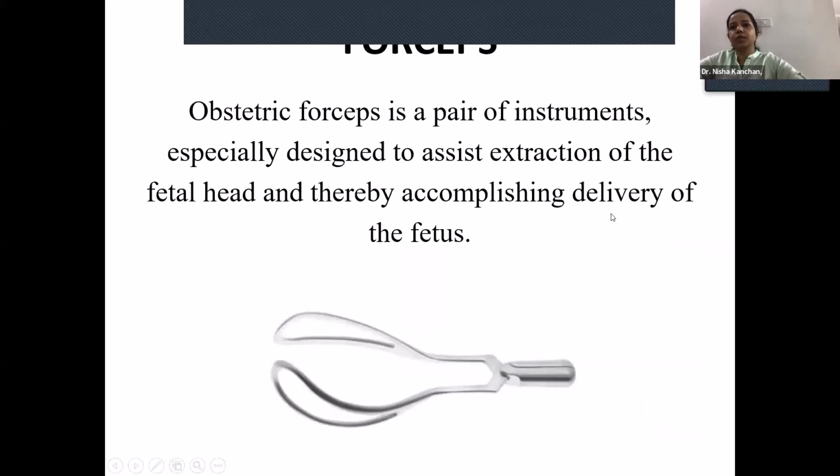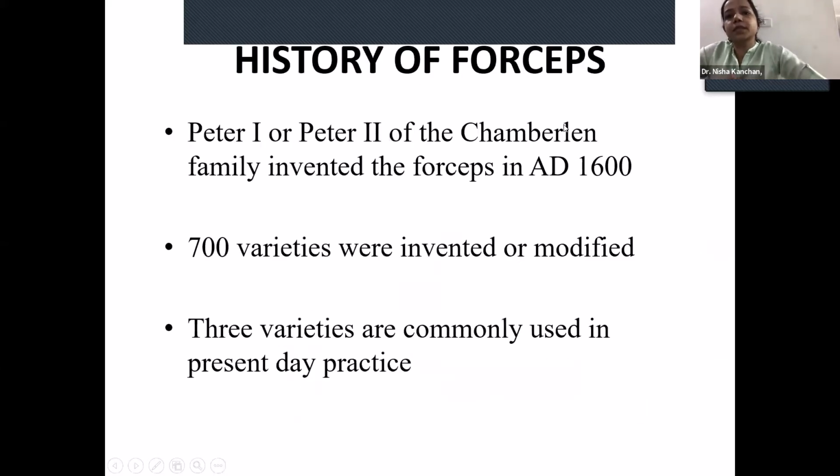History of forceps. Forceps was invented by the Chamberlain family: Peter I, Peter II, and Peter III. Peter I is supposed to have invented the forceps, and Peter II popularized its use. They kept it as a family secret for more than a century and did not tell their findings to anyone.